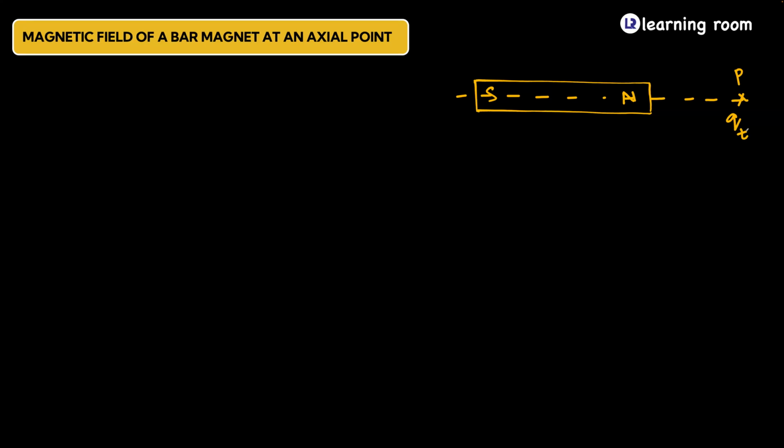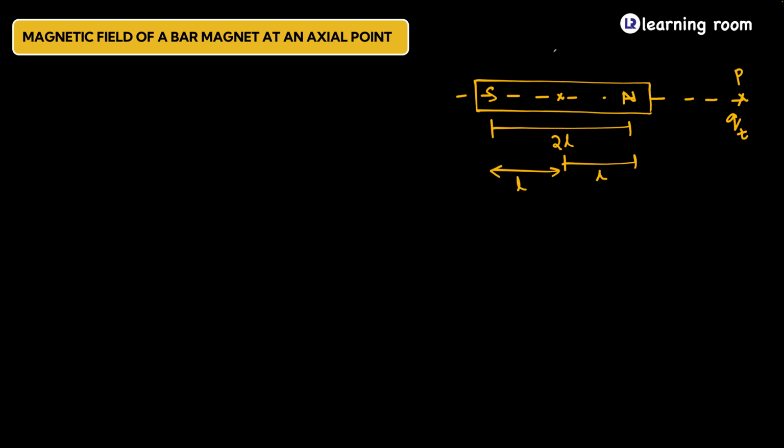Isn't it similar to like you placing a test charge here? You remember? So the same logic is what I'm using. You know that the length of this is going to be 2L, right? Here, what we will do is we'll approximate the geometric length and the magnetic length. Or you can take the magnetic length itself to be 2L. Okay, if you take it as 2L, this is broken into L and L. Makes sense?